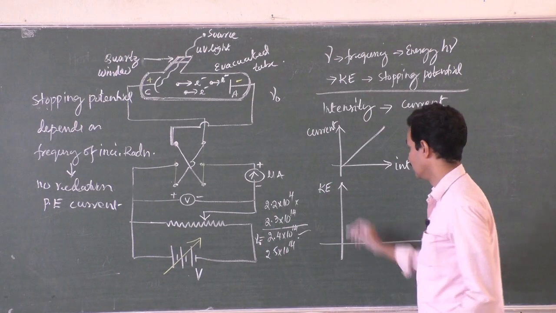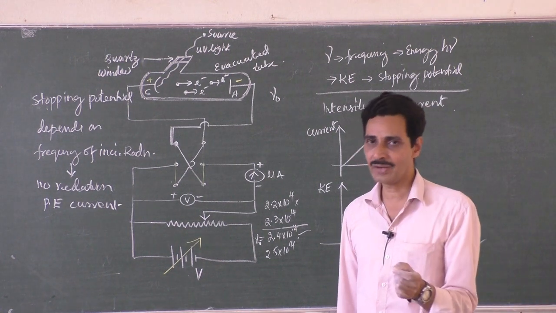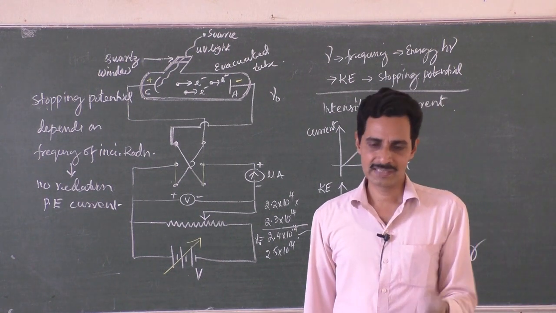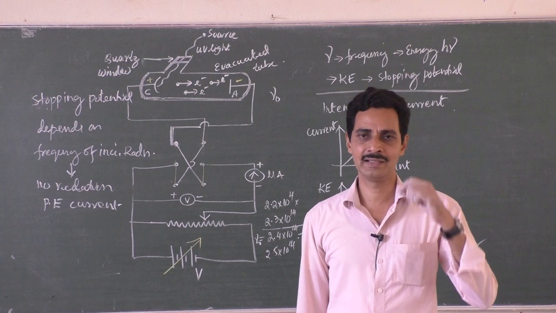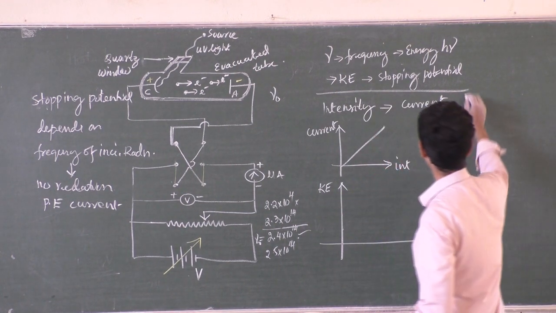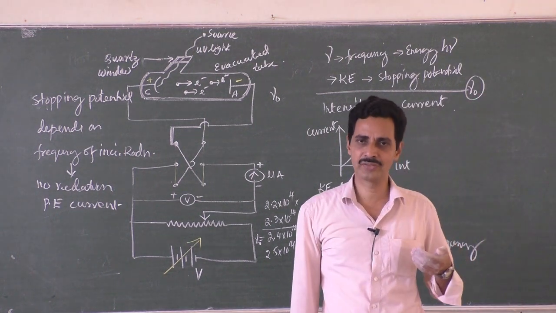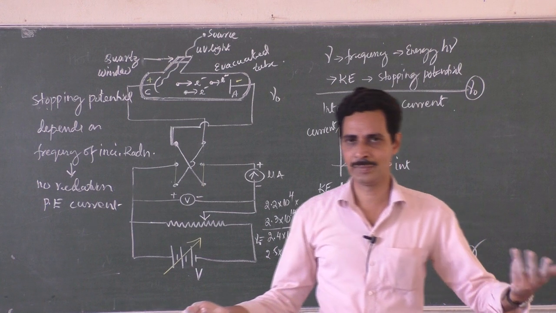That means you can see the electrons coming out of the material just when you are incident with the threshold frequency. When the incident frequency is just nu naught, you can see some electrons just coming out of the material, but they will not have any remaining energy.